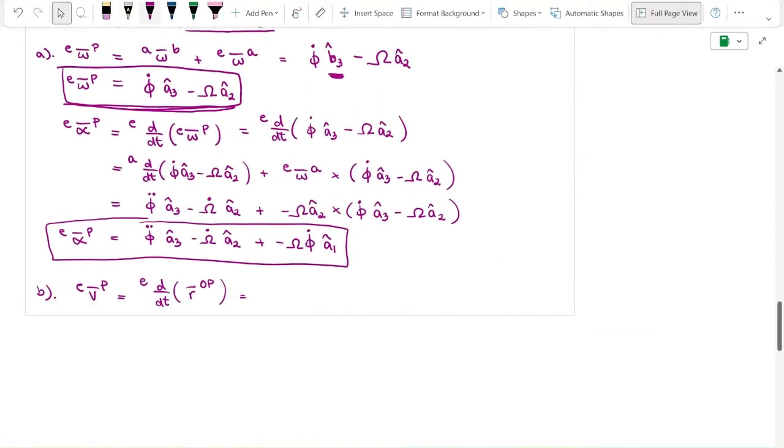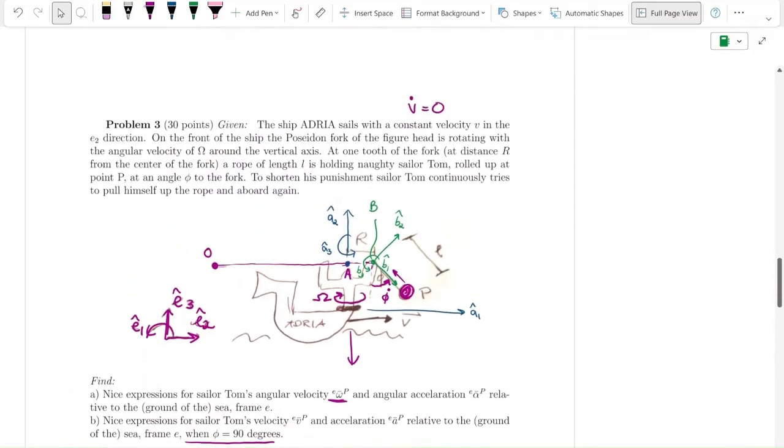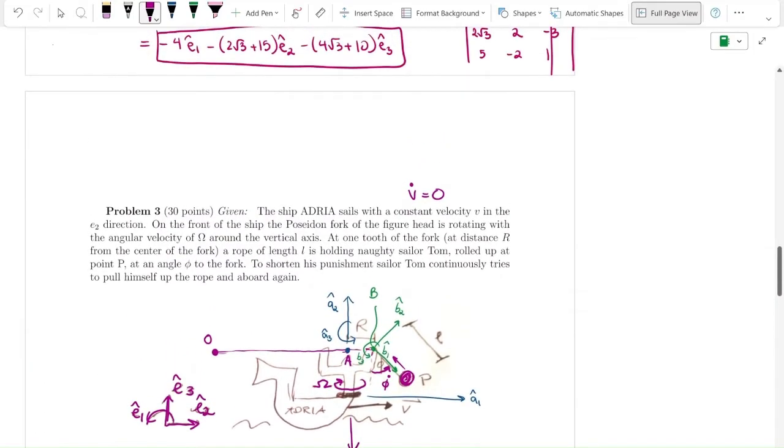So what is ROP? ROP is equal to first some distance from O to A, and then we go from A to B, and then B to P. I'm going to call the distance O to A just L. Then A to B, we know is going to be a distance R along the A1 hat direction.